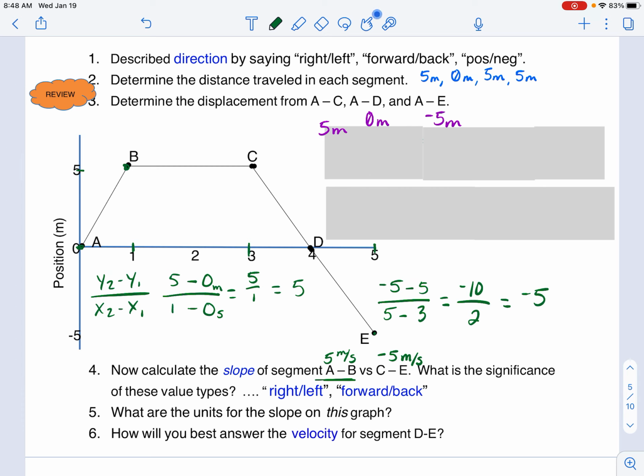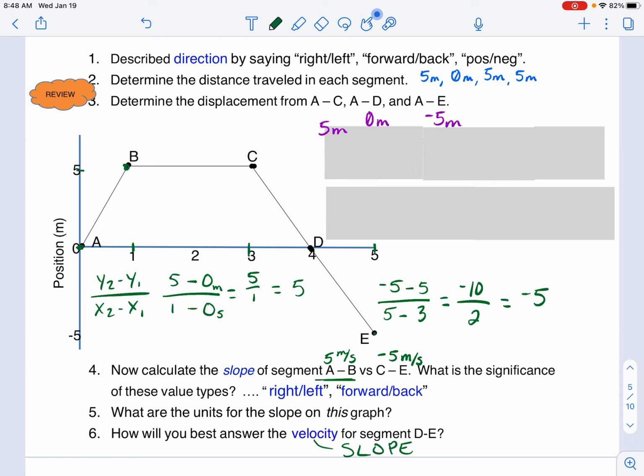So now whenever we are looking at our velocity values, if they are asking me, like question number 6, what is the velocity for segment DE? They're really just asking me to calculate the slope. So we need to understand that the slope on this graph is the velocity.